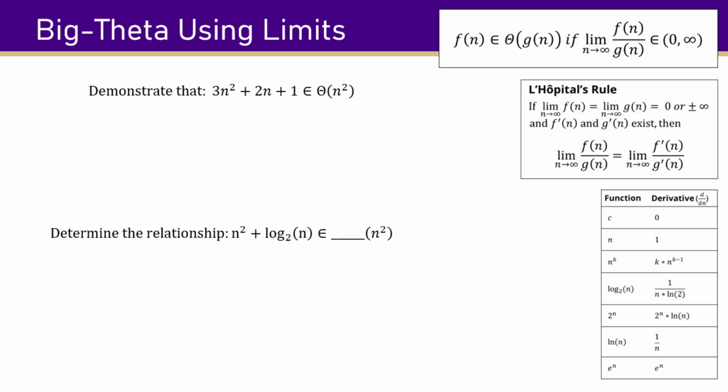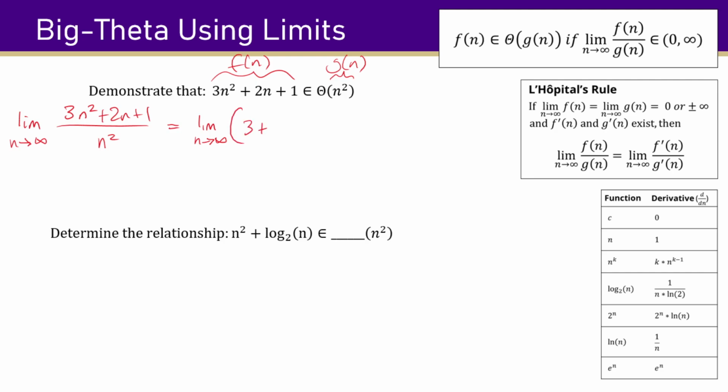All right, so I'm going to do a couple examples. So here we again have our f of n, and here we have our g of n. And so let's set up that limit and see what that evaluates to. So we got 3n squared plus 2n plus 1 divided by n squared. And that is going to be equal to the limit as n approaches infinity of 3 plus 2 divided by n plus 1 divided by n squared.